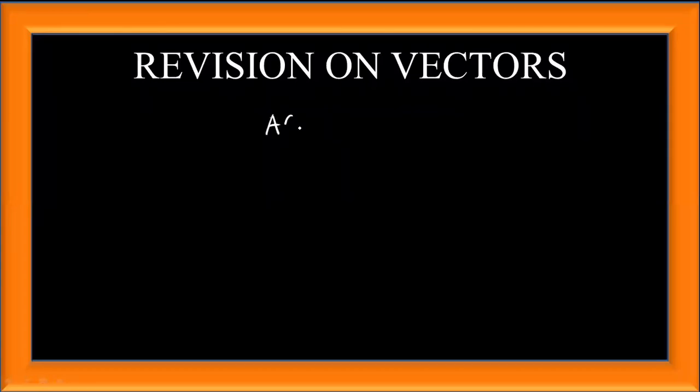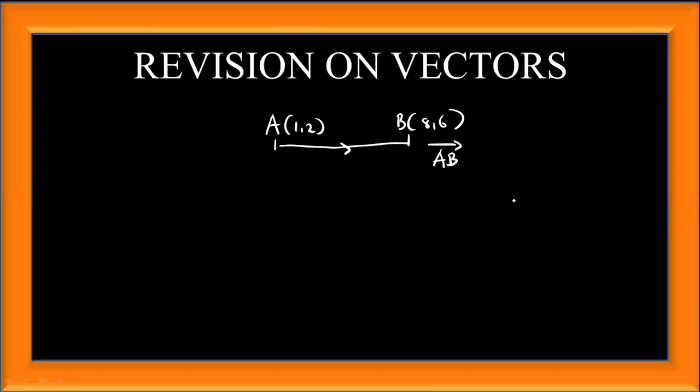If I have point A, which is (1, 2), and point B, which is (8, 6), and I want to move from point A to point B, the overall vector that shows the motion from A to B, which is written as AB, is what we call the displacement vector. I hope that is very clear. In case you have a question, please, I will always allow you to raise it.